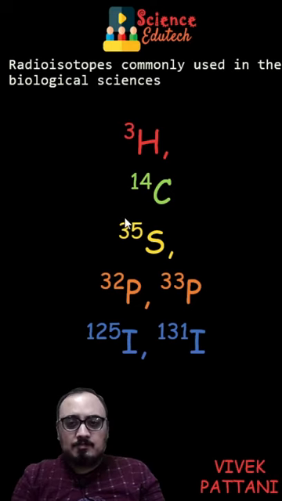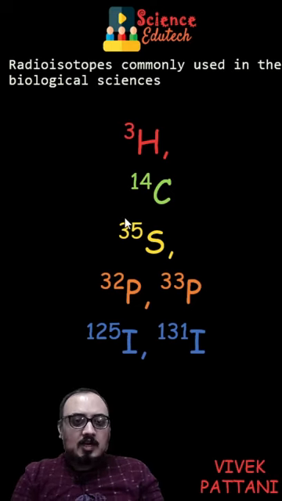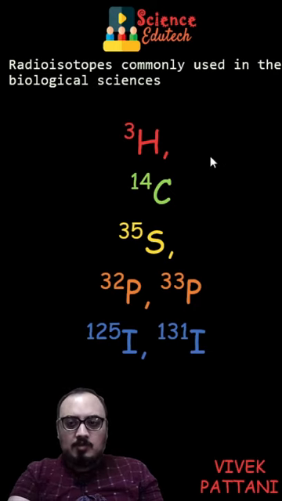Now some of the examples used in biological sciences are radioisotopes such as 3 hydrogen, carbon, sulfur, phosphorus, and iodine. These all have different time intervals, that is T half.